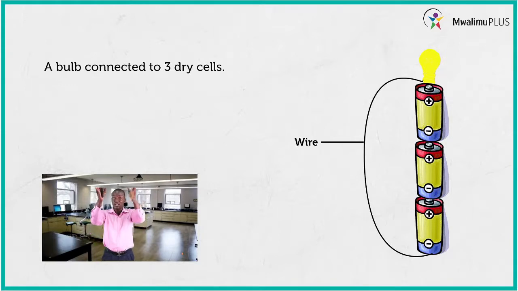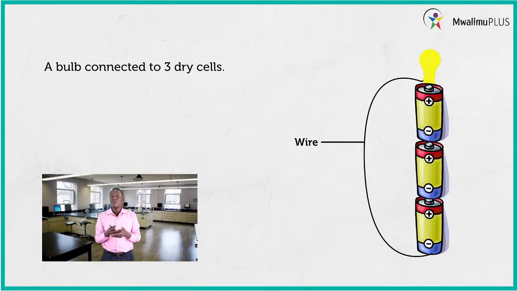So, do you think it will produce light? Bravo! This bulb will produce the brightest light because it has three dry cells as compared to the other two that we have talked about.